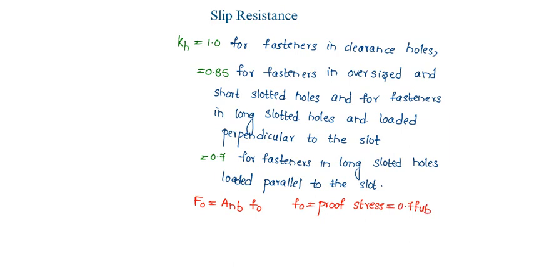FUB is ultimate tensile strength of bolt, and F0 is minimum bolt tension or proof load, and gamma MF is a factor which is equal to 1.1 and 1.25. 1.1 for service loads and 1.25 for ultimate loads.